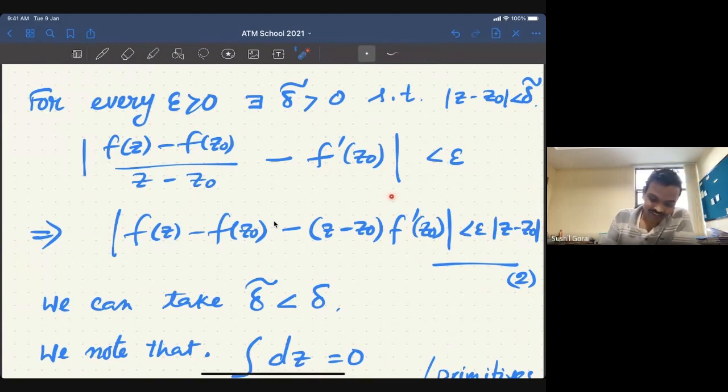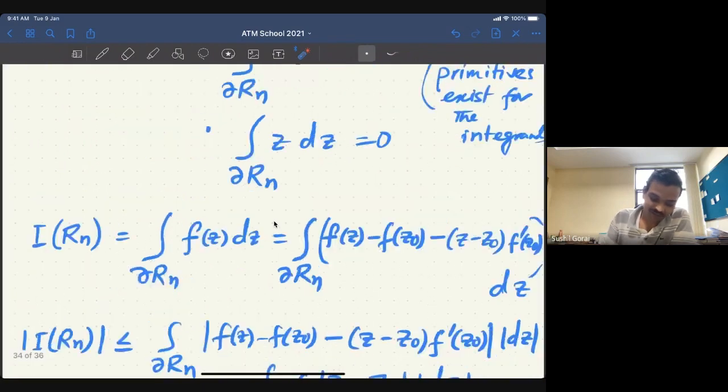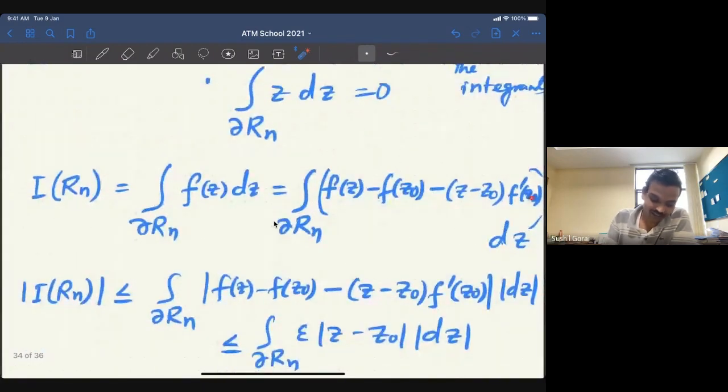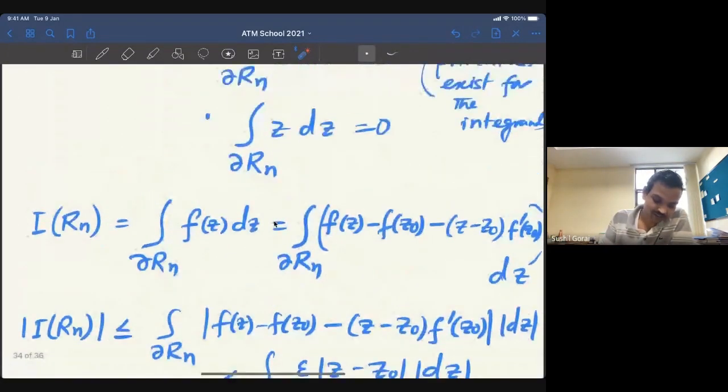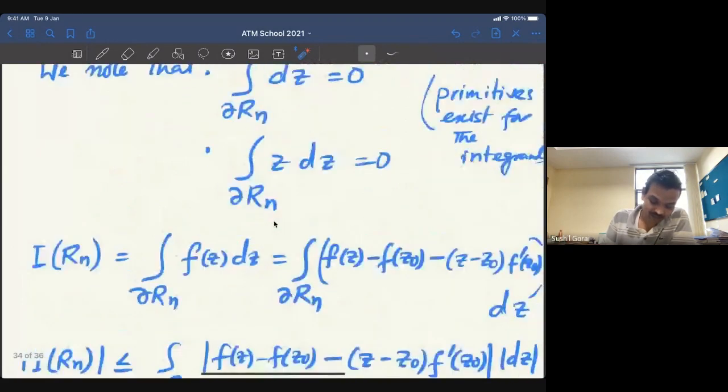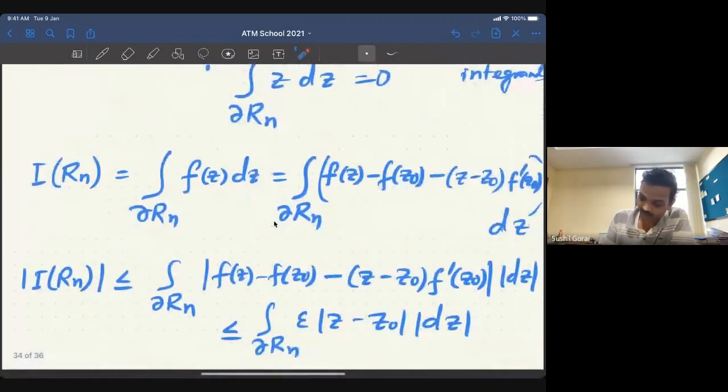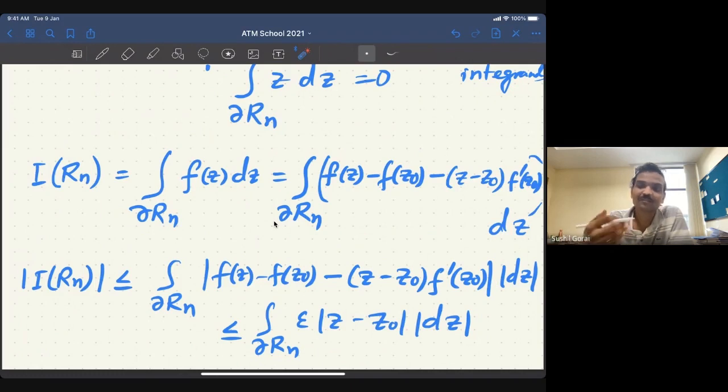And here we never used this one. So this was the observation Goursat made. And he concluded that the continuity of the derivative, which we assume in the definition of holomorphicity, is actually redundant.